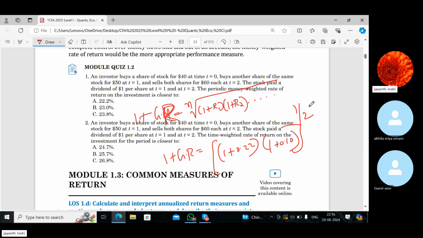That is the nth root, so it is 2 years, so I'll put whole power 1 by 2. Geometric returns is equal to 1.22 into 1.10, whole power 1 by 2, minus 1. You can finish it off, but you should take the square root of this.